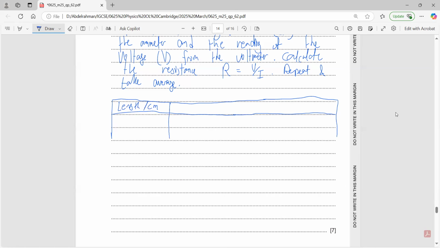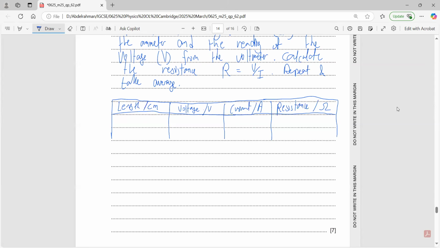And then the voltage in volts, and the current in amperes. And last but not least, the resistance in ohms.